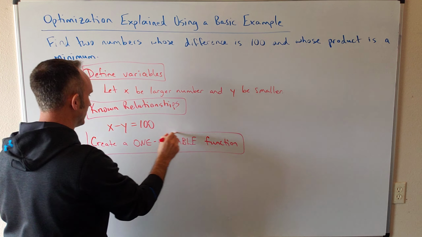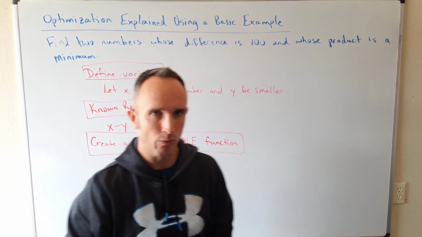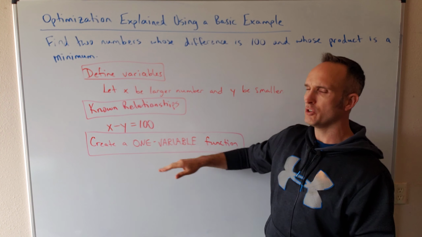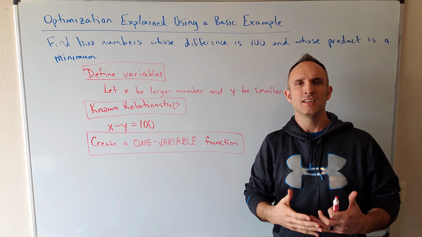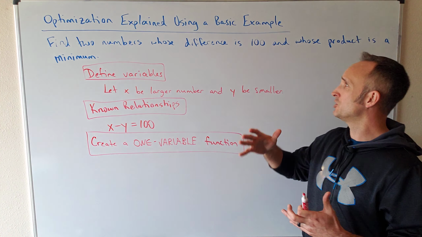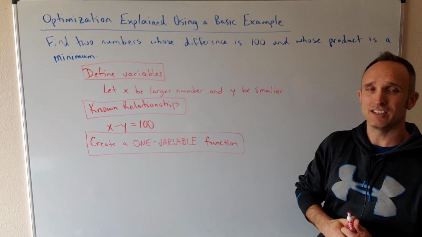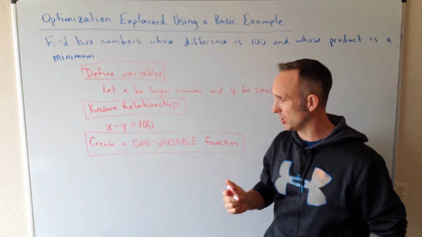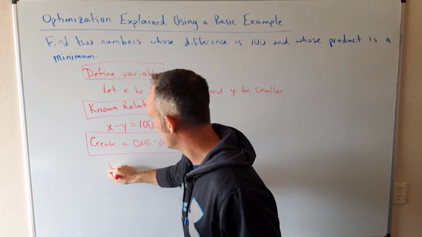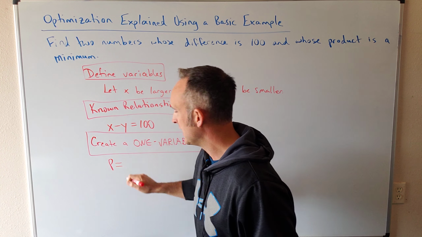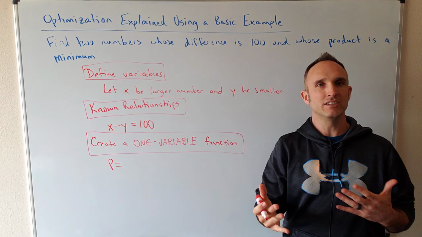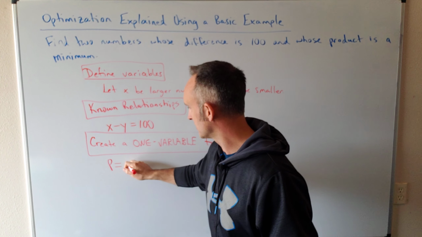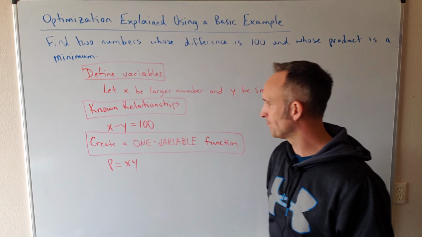And just because I'm running out of real estate on the board here, I won't write anything more, but on your own paper, you could describe that the function you want to create should be the idea that you're wanting to maximize or minimize. In this case, we want our function to be a product function. So we're going to call it P for product. And how do you calculate the product of these two numbers, x and y? Well, the product is literally x times y.